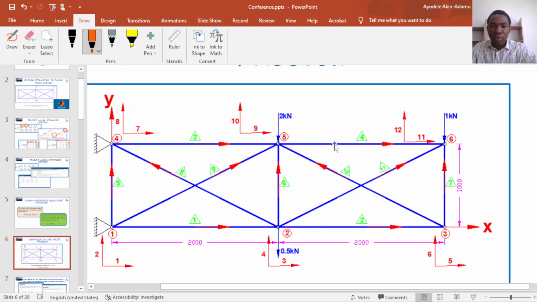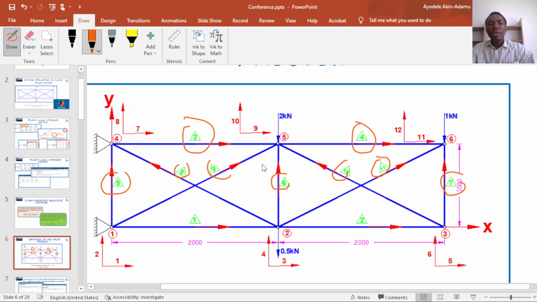So this truss system has 11 truss elements, which I labeled element 1, element 2, element 3, element 4, element 5, 6, 7, 8, 9, 10, 11.